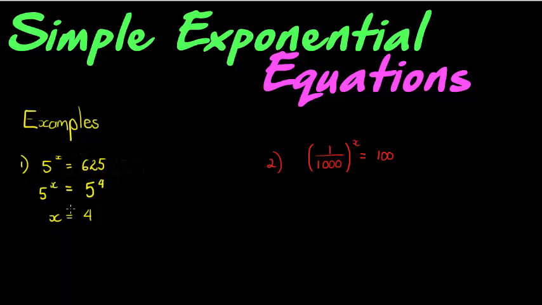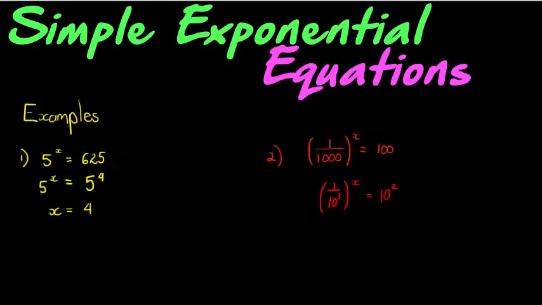On this side it wasn't necessary to prime the base because it was already a 5, but here we will have to prime this base, which is 1 over 1000, which is 1 over 10 to the power of 3, and all of this to the power of x is equal to 10 to the power of, and 100 would be 10 to the power of 2.